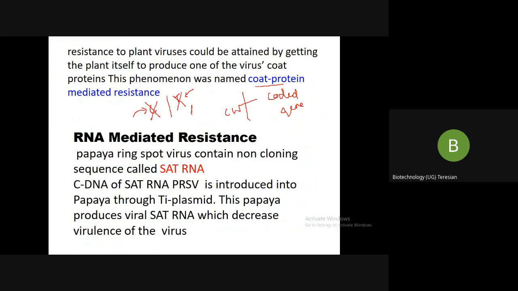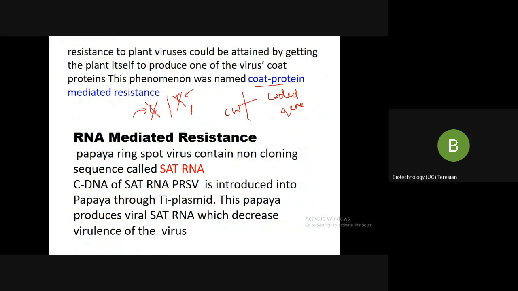Especially, there were two important papaya cultivars, Sun Up and Rainbow. So the scientists successfully created two virus resistant varieties of papaya. This was the Sun Up and the Rainbow, and both had the resistance against this papaya ring spot virus.